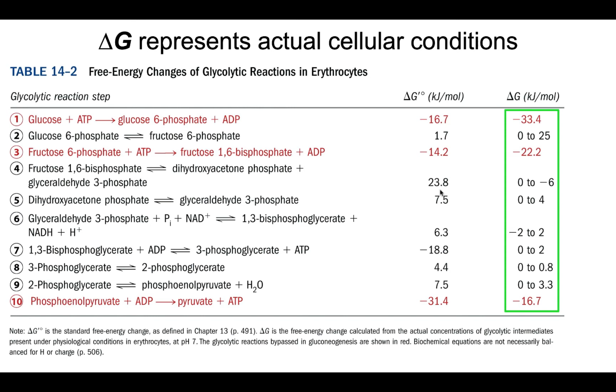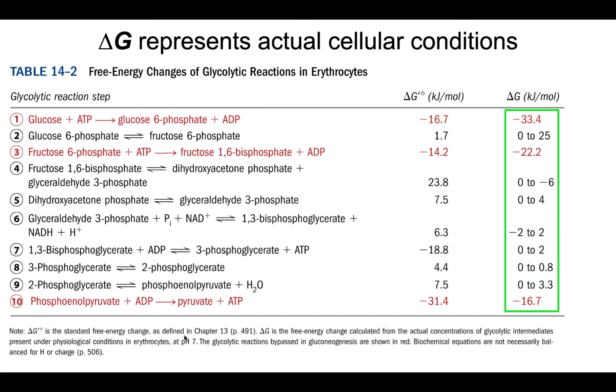But when you take a look at the delta G, that means taking into account not standard conditions, but the reactions as they exist within the cell, and this is really important. Let's go down here. I know you guys never like to read figure legends, but it's really important to do so. If we read the figure legends, we see that delta G prime here is the standard free energy change, as defined in chapter 13.